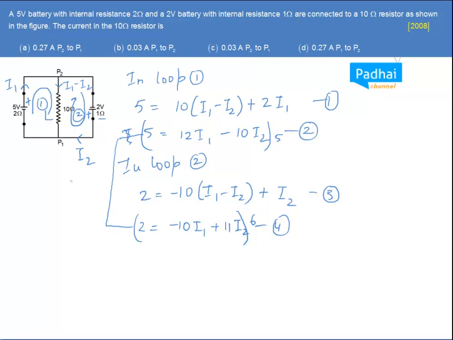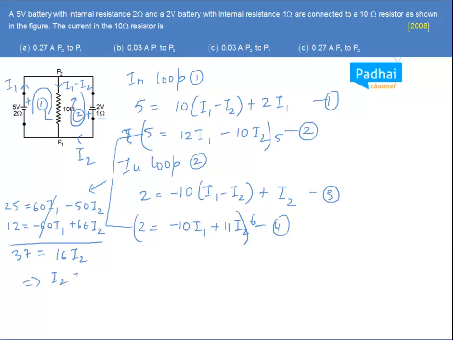The second equation becomes 25 equals 60 I1 minus 50 I2, and the fourth equation becomes 12 equals minus 60 I1 plus 66 I2. If we add them, I1 cancels out and we get 37 equals 16 I2. It implies I2 equals 37 by 16.